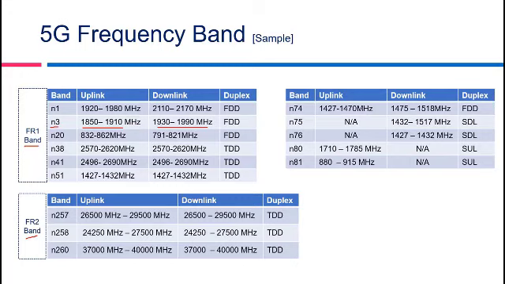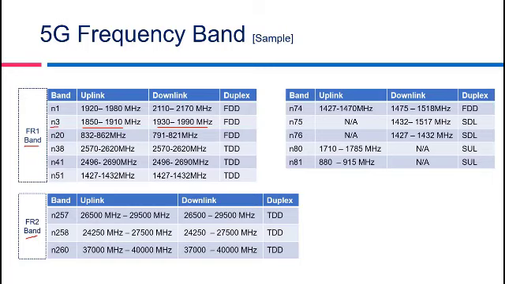In FR2, the frequency band numbering starts from higher order. For example, frequency band number 257, or 258, or 260. These frequency bands are in millimeter waves. We have also noted here the duplex mode for the bands.